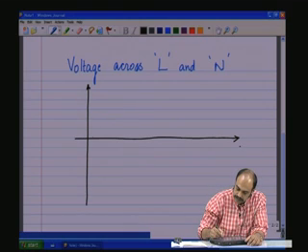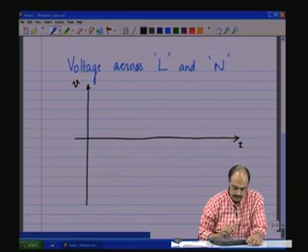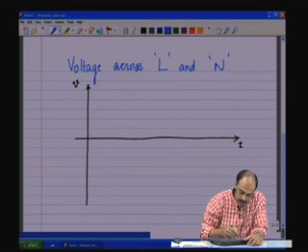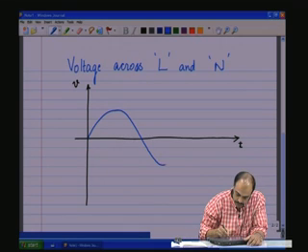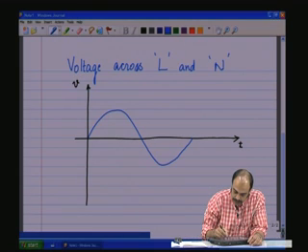The x axis is the time axis, the y axis is the voltage amplitude axis. So, we draw a sinusoidal wave shape. This is one period of the sinusoidal wave shape, and this continues.